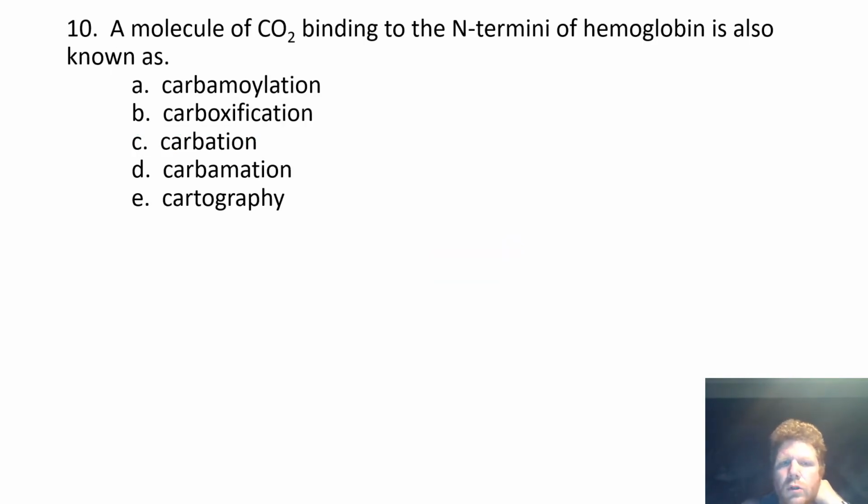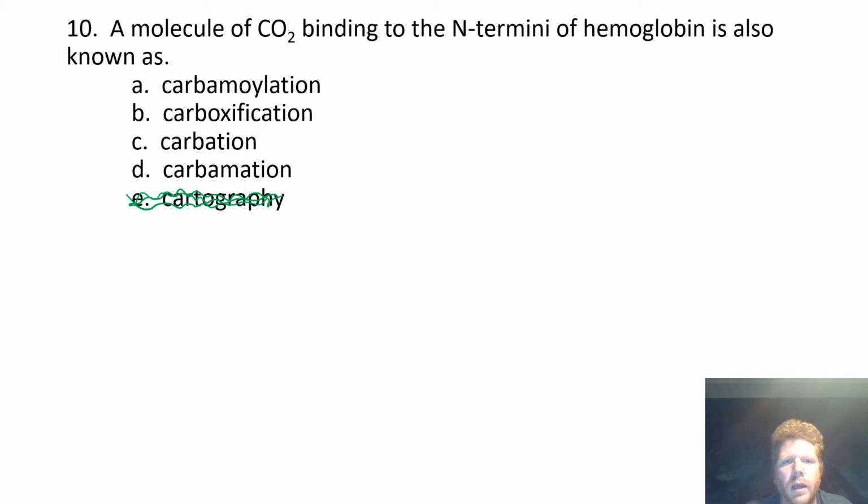Okay, question number 10. A molecule of CO2 binding to the N-termini of hemoglobin is also known as: carbamylation, carboxylification, carbation, carbamation, and finally cartography. Well, cartography, that's what Buster Bluth from Arrested Development got one of his advanced degrees in.